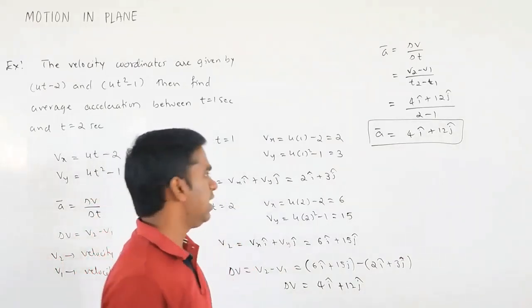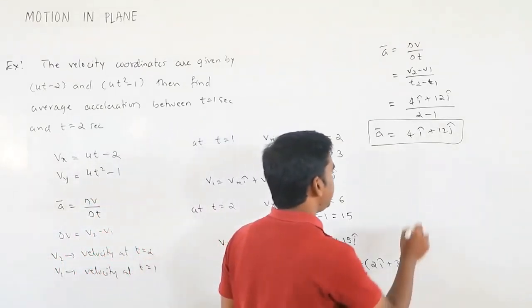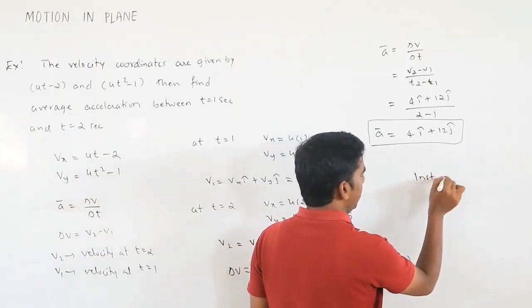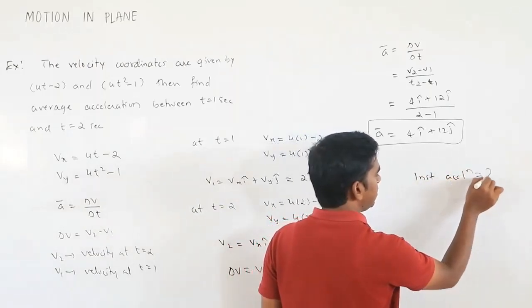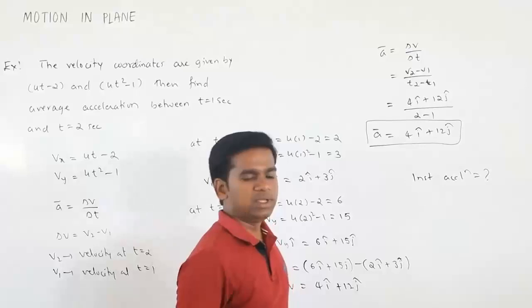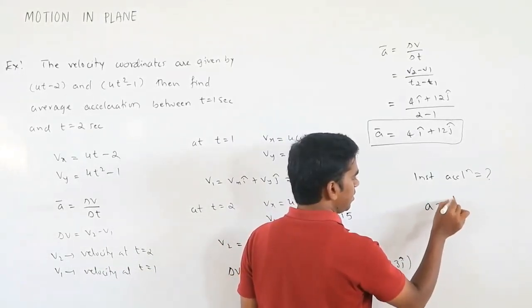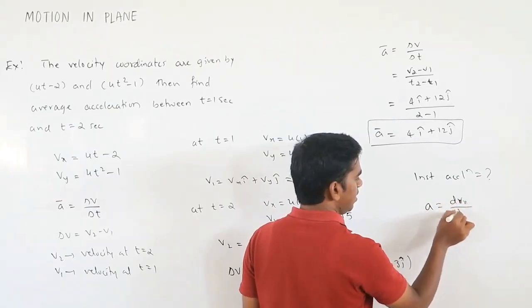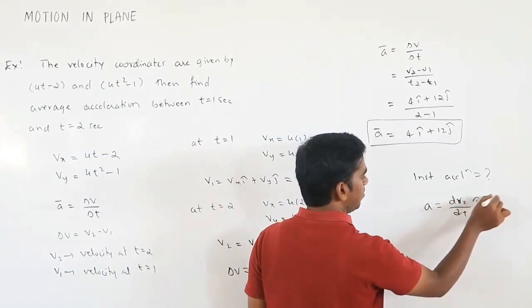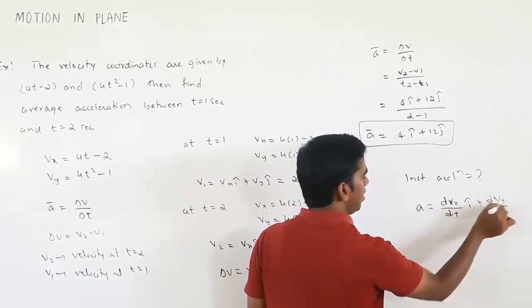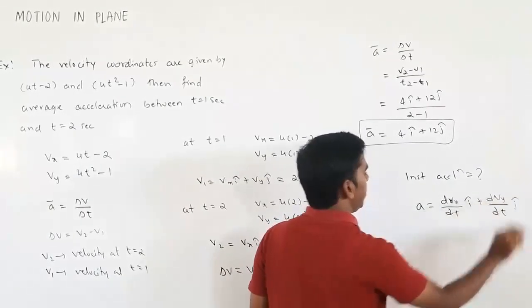Now tell me, if they ask for instantaneous acceleration, what will you do? Very simple. You go with A equals dVx by dt i cap plus dVy by dt j cap.